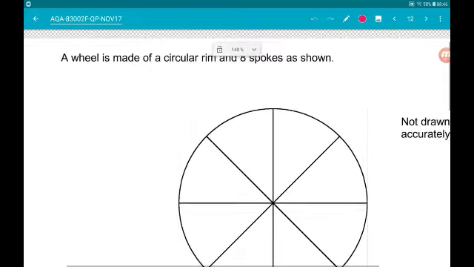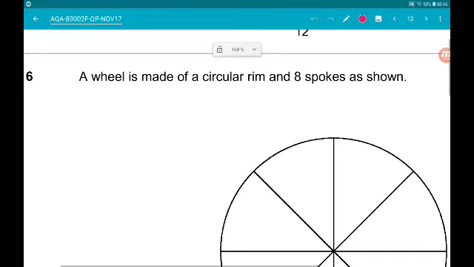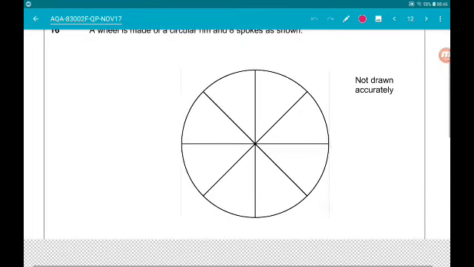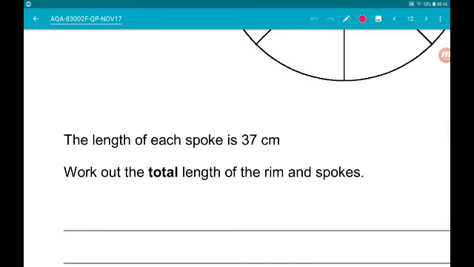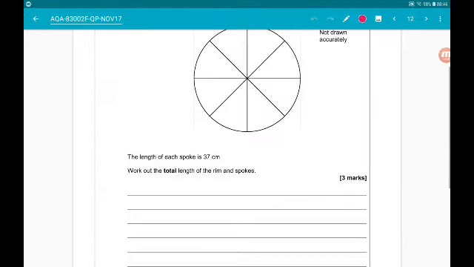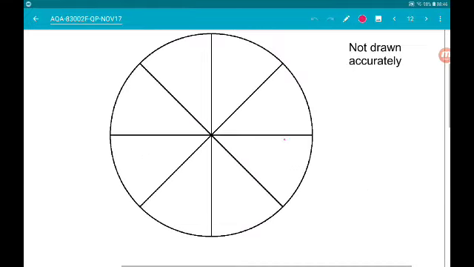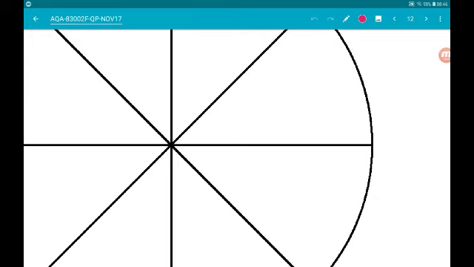Okay, question 16. A wheel is made of a circular rim and 8 spokes. Cool. The length of each spoke is 37 centimeters. We want to work out the total length of the rim and the spokes. Okay, so a spoke on a wheel is from the center to the outside.